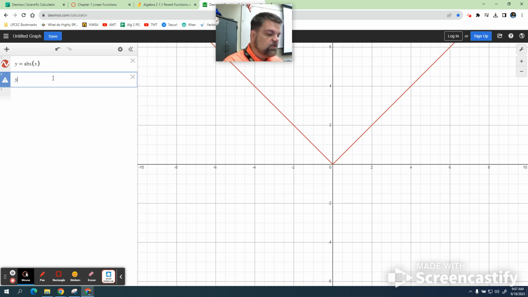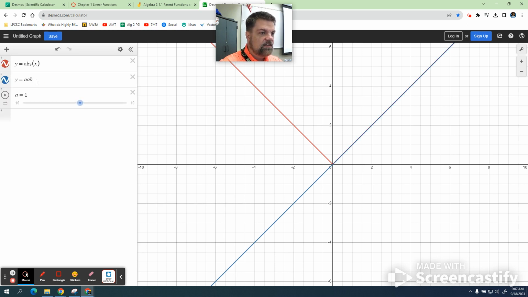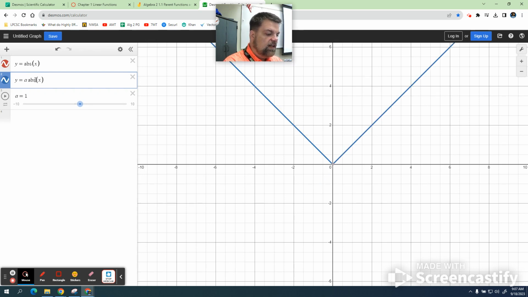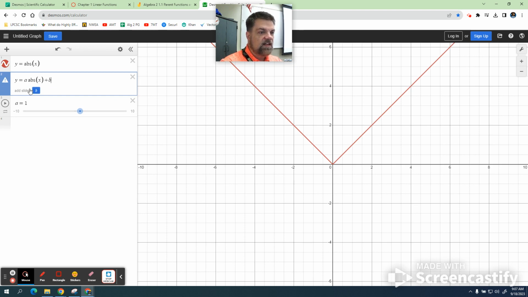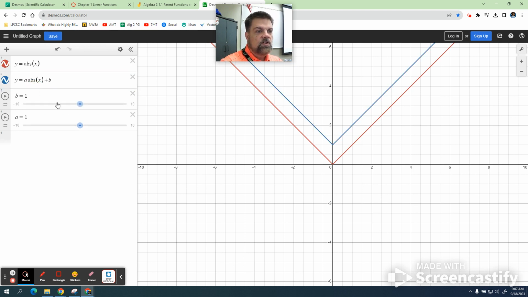I'm going to say the absolute value function of a times the absolute value of x, so I'm going to add the slider for a, and then I'm going to say plus b, and I'm going to add a slider for b. So right now, if I put b at 0, this is the parent function, okay?